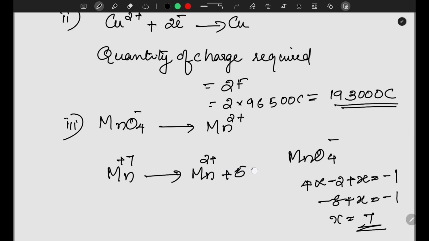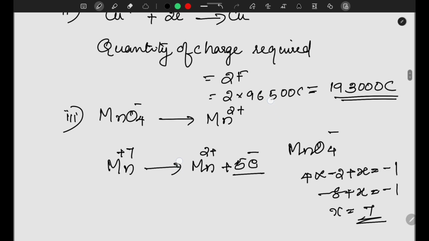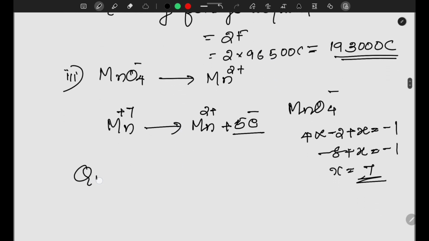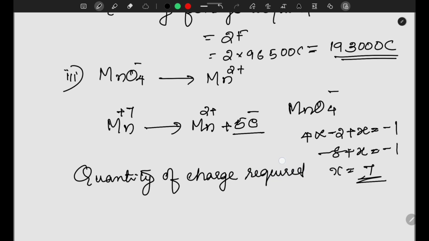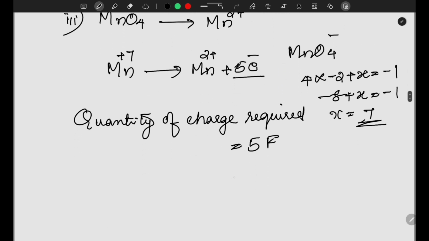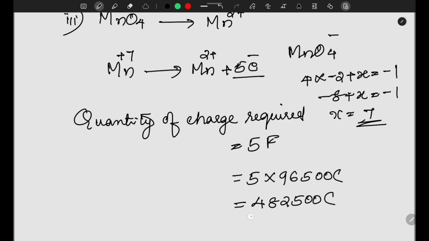Here 5 electrons are added for balancing. So quantity of charge required is 5 Faraday. 5 Faraday, when we convert into coulombs, we get 5 into 96,500 coulomb. That is equal to 4,82,500 coulomb.